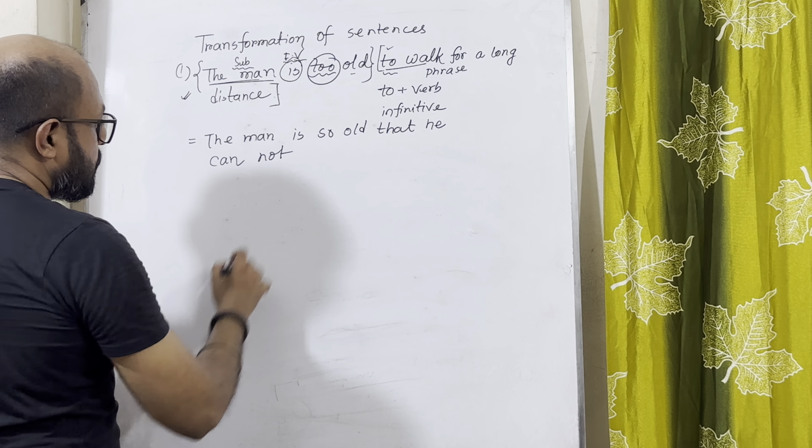Well, if your finite verb belongs to present tense, it will be cannot. If your finite verb belongs to past tense, it will be could not. So this is the simplest way to keep it in your mind: present tense, cannot; past tense, could not. So here it is present tense, and that's why I have used cannot. And then you will apply the verb.